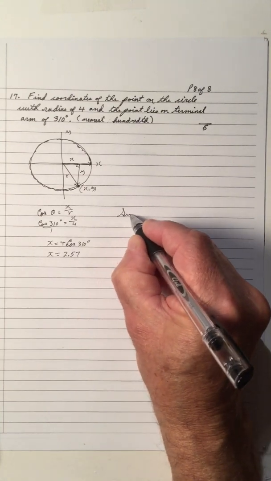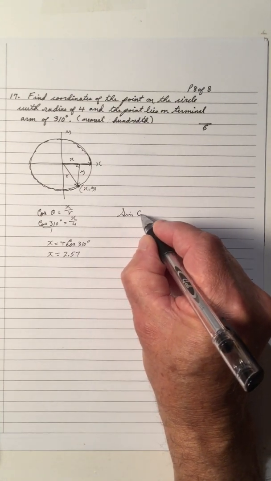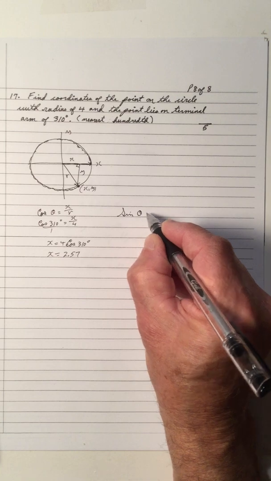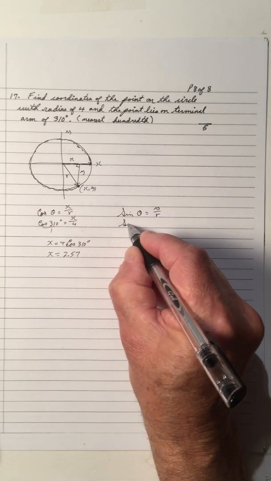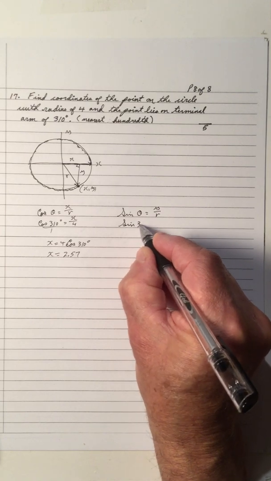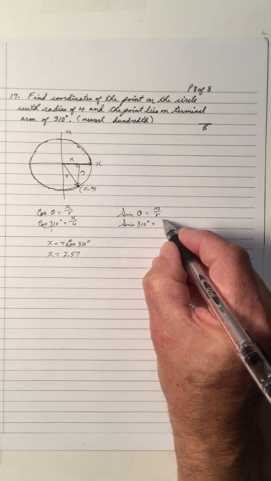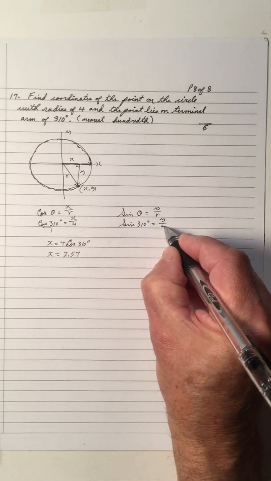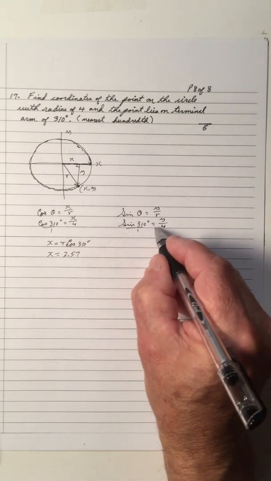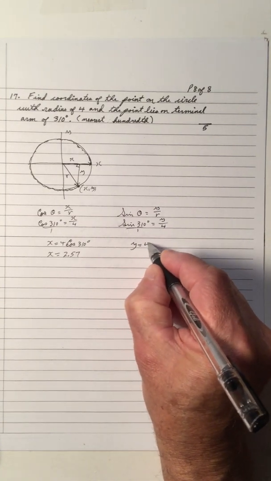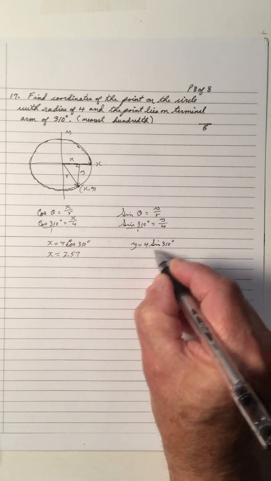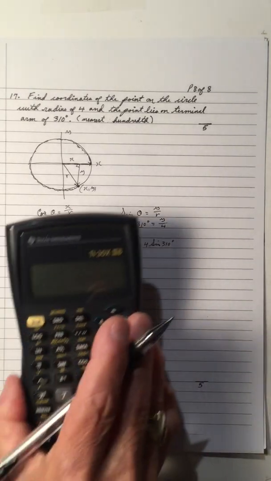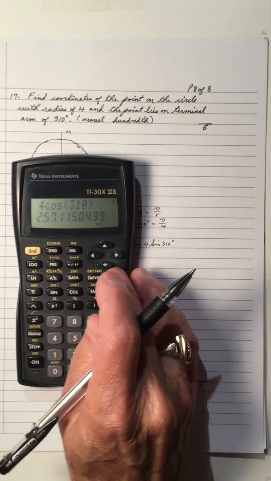And the y coordinate: the sine of theta is y over r, and theta is the 310 degree rotation, over the radius of 4. Cross multiply, y is equal to 4 sine 310. Clear it.